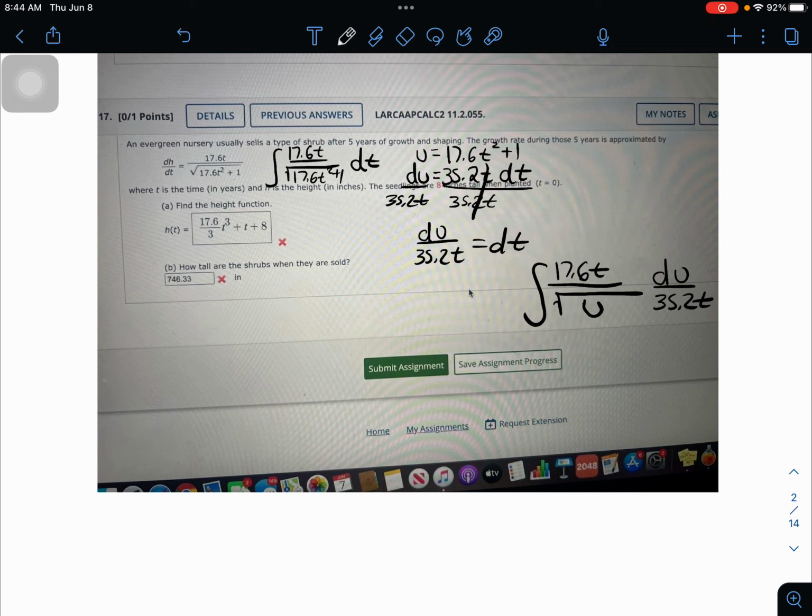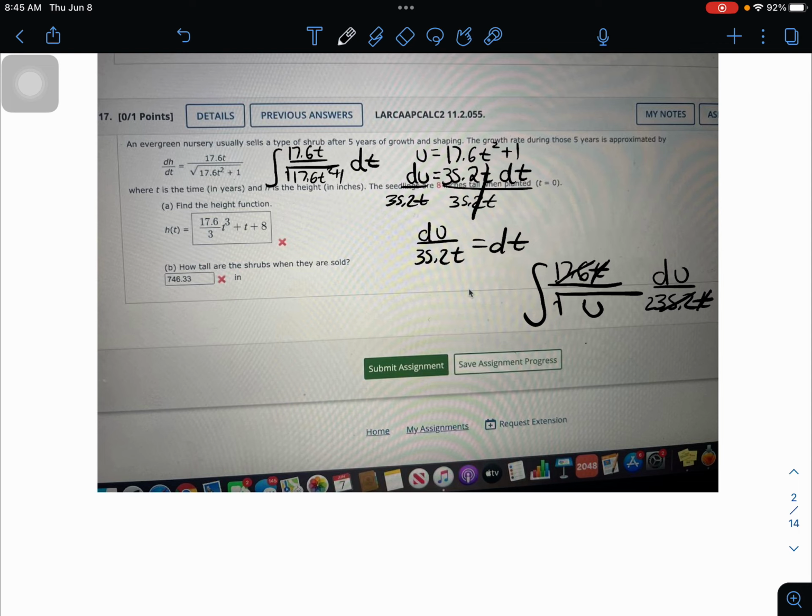Okay. Now, we still don't have it all in terms of u and du because I still have a t. But what happens is this t cancels this t out. And 17.6 goes into 35.2 twice.